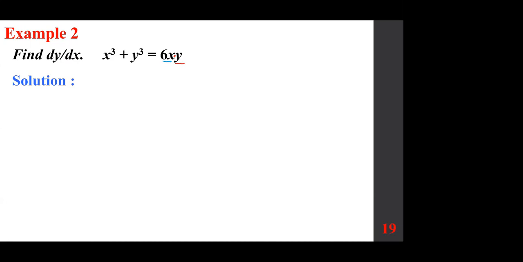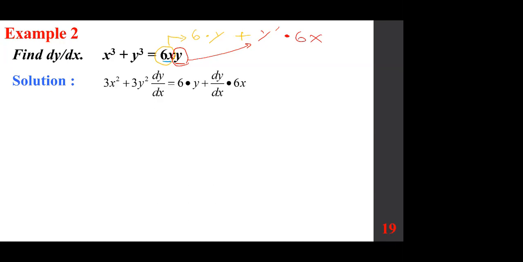So this will give you 6 and then times y by the product. And this piece will give you y prime times 6x by the product. So take a look.